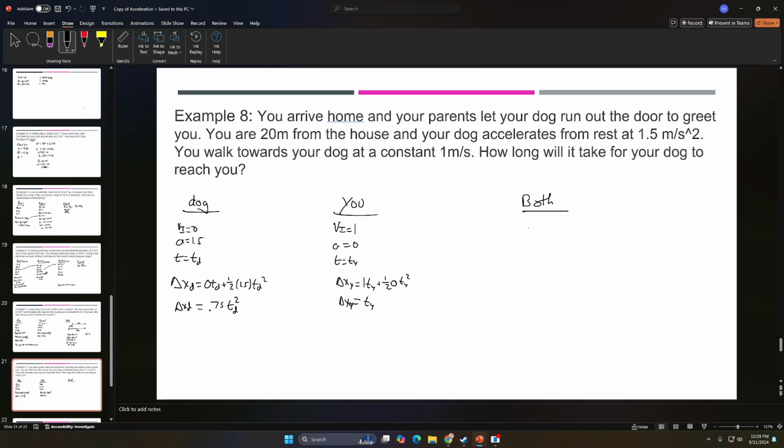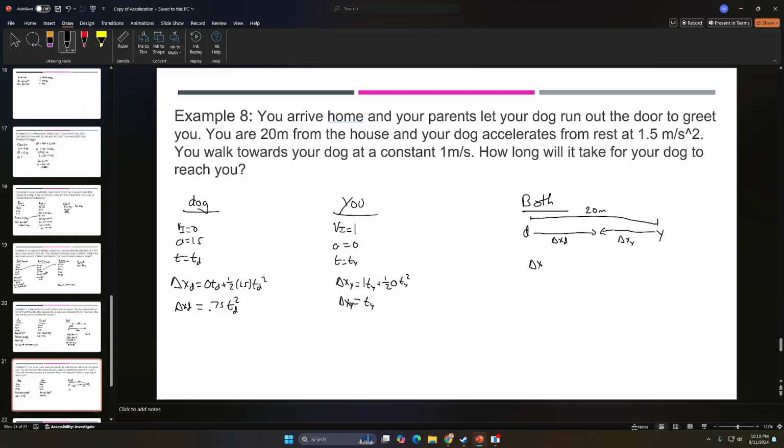This time we've got a little dog here. We've got you here, and the dog is coming towards you, and you're coming towards the dog. So it's not like one of these is equal to the other one in any way, shape, or form, but what's true, if this is 20 meters, about the displacement of the dog and the displacement of you combined?